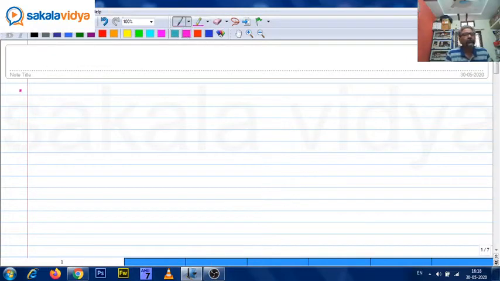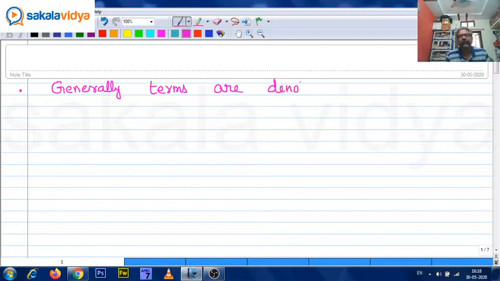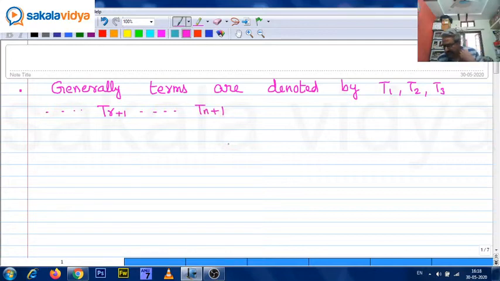Next, generally the terms are denoted by T1, T2, T3 and so on, T(r+1), so on, T(n+1).